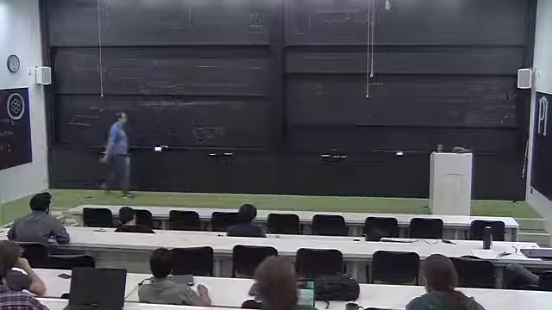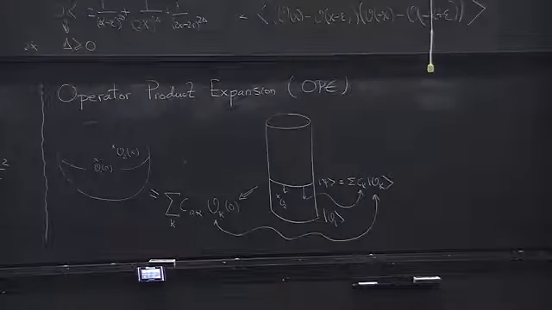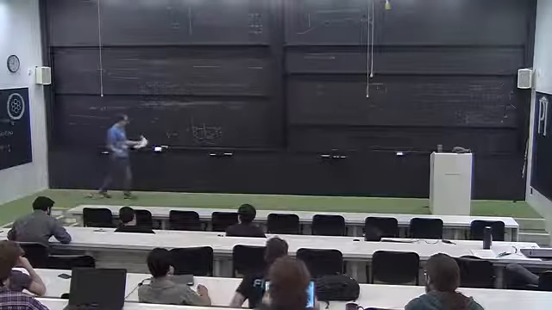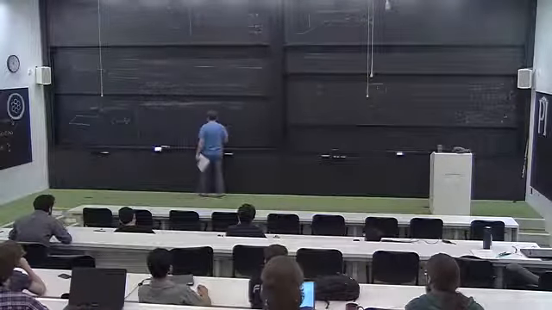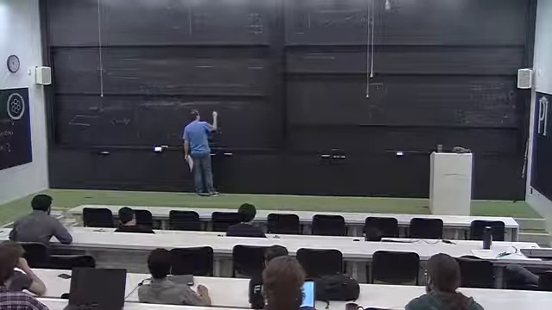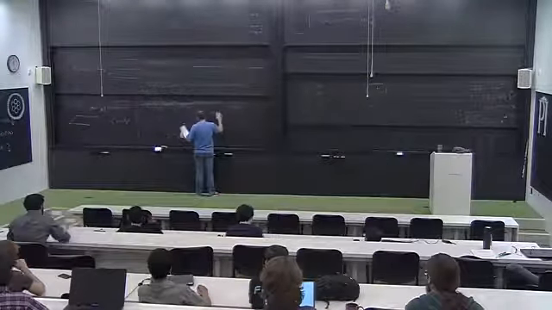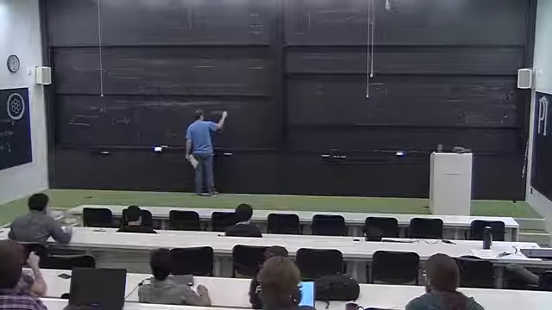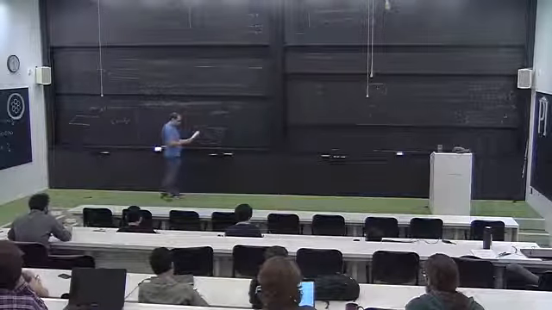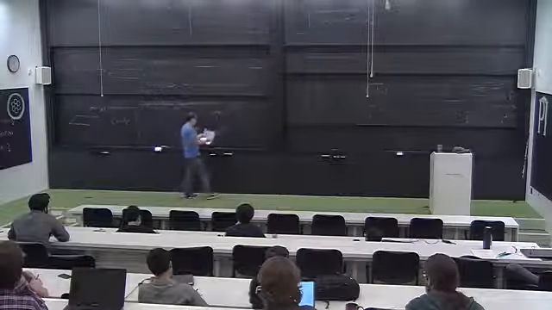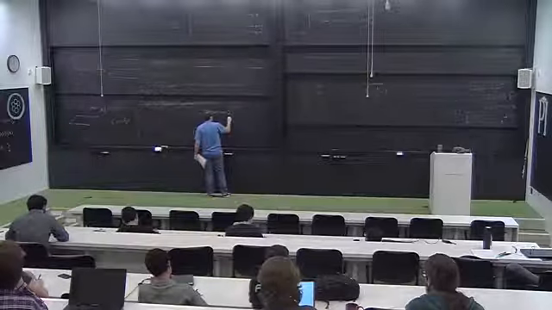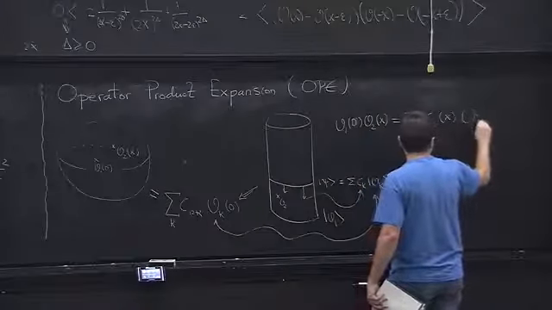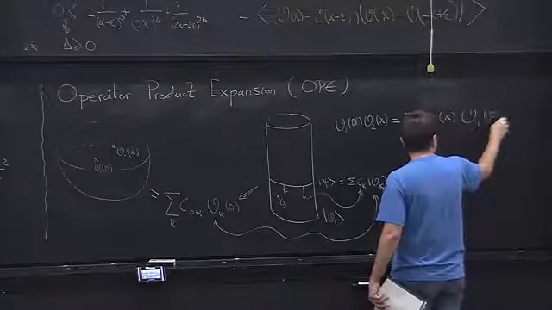So more precisely, the way I should write it is to say that O1 at 0, O2 of x, is equal to a sum over all operators I can put with some coefficient that could depend on x in general, OI at 0.